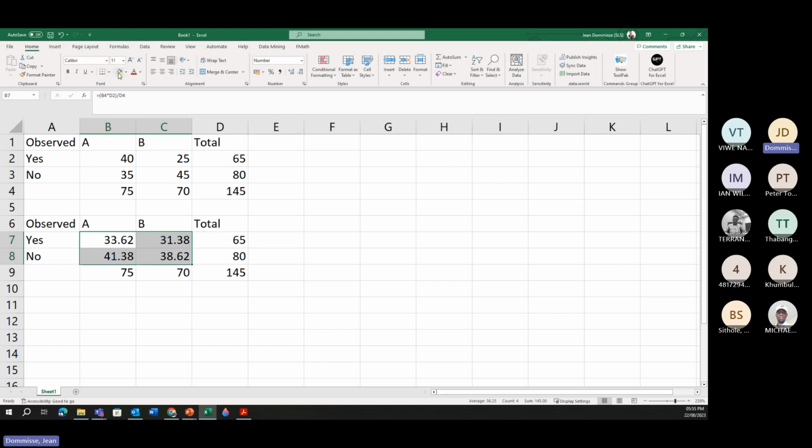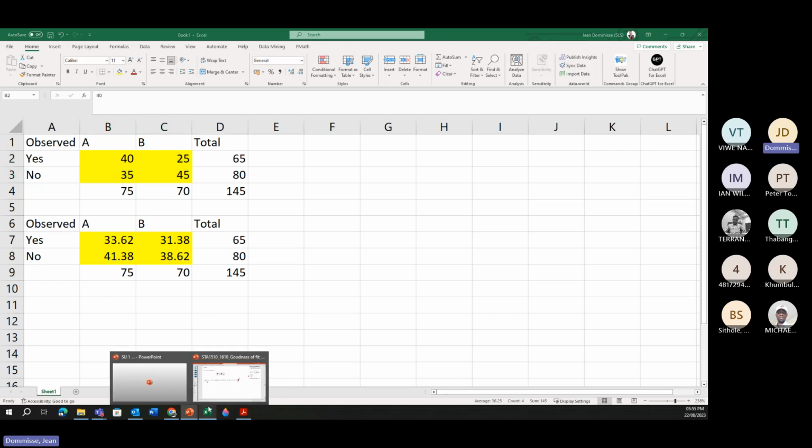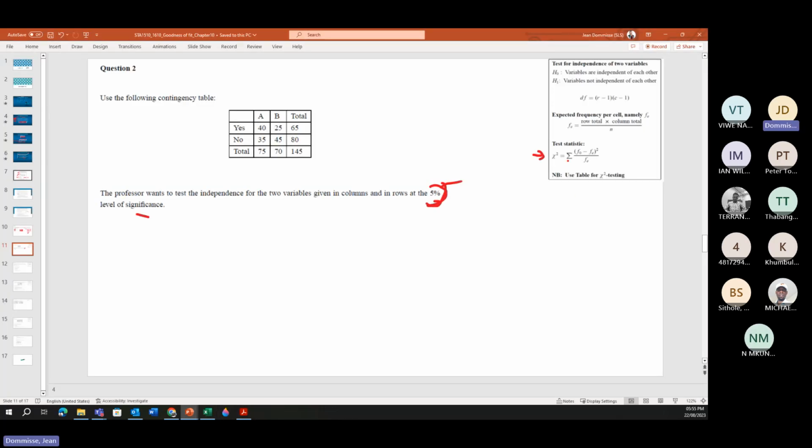So what we can now do is use, again, that formula to work it out.